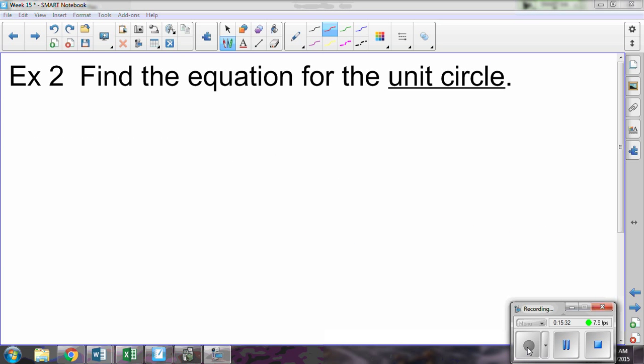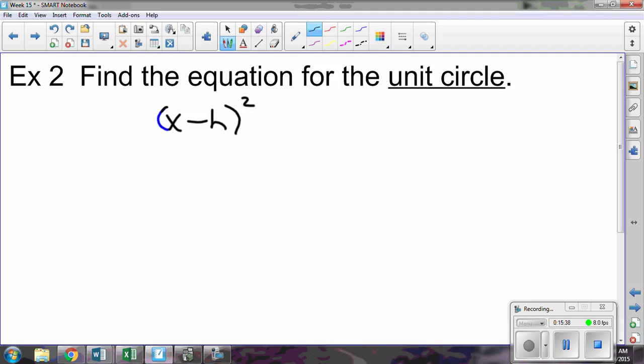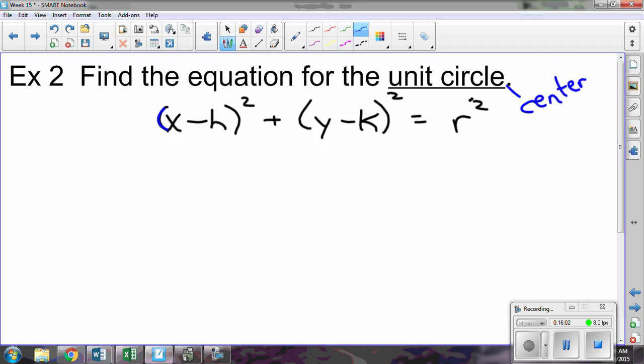Okay, so find the equation for the unit circle. We know that this is the equation, or equals, we need a plus sign. This is the general or standard form for a circle. Do you remember from geometry what the unit circle is? Where is the center for the unit circle?